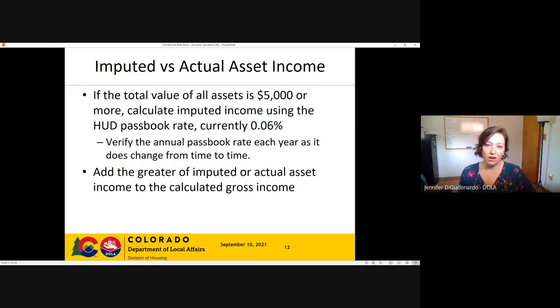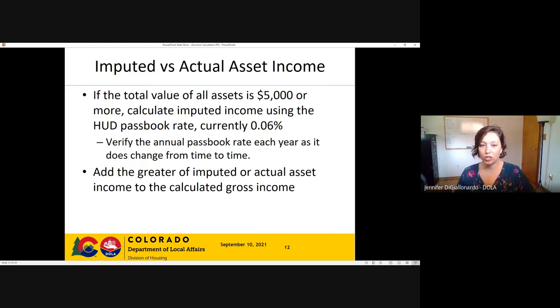You'll add the greater of imputed versus actual asset income to the calculated gross annualized income. And so there's two things. If the asset is over $5,000, that's when you would do the multiplication with the passbook rate. If it's underneath that $5,000, you'll consider the actual income.